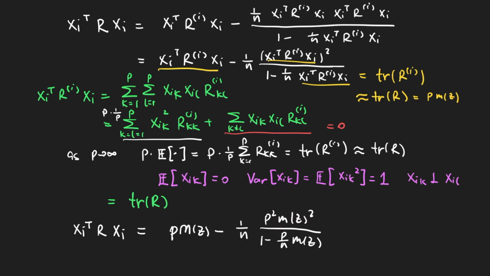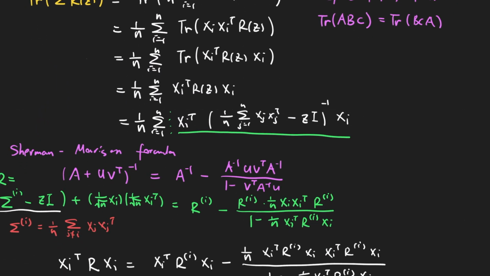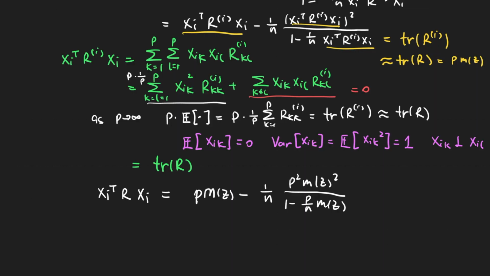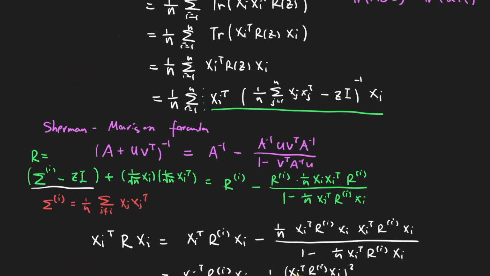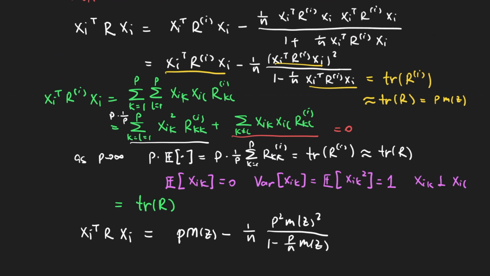Okay, so now all we need to do is to plug this back into the equation that we have. Okay, I think I screwed up a little bit here, right? For the Sherman-Morrison formula, this is a plus sign in the denominator, right? This is very important. And we need to change this to a plus sign. So a plus sign here, and then we have a plus sign here and a plus sign here. That makes sense. Yeah. So, okay, we can actually simplify this a little bit more.